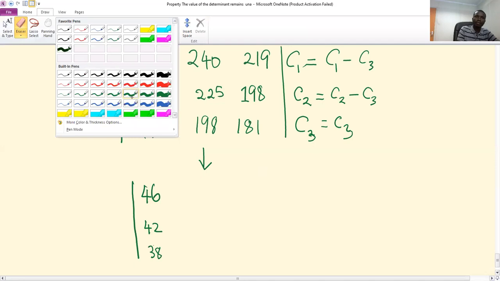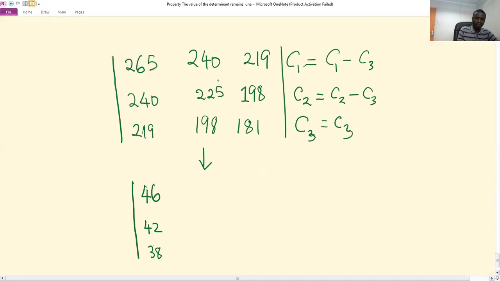So we'll have 240 minus 219, that will give me 21. 225 minus 198, that will give me 27. 198 minus 181, that will give me 17. And then column 3 remains 219, 198, 181.